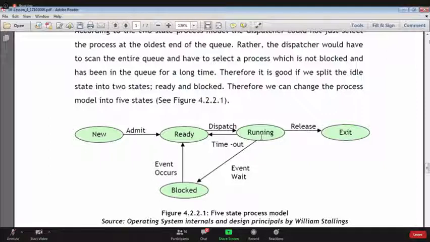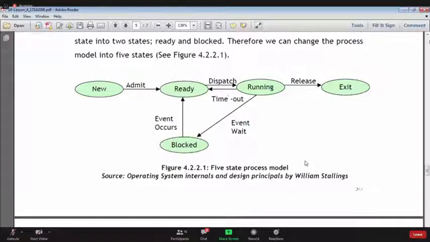Then you have to pause it for a while until it gets a chance again. It is not waiting for an event, but the processing time is not available, so we can directly put it into the ready queue. That is why the timeout arrow goes from running to ready state. That's the only difference in this diagram.